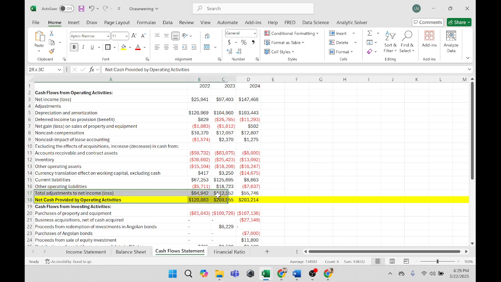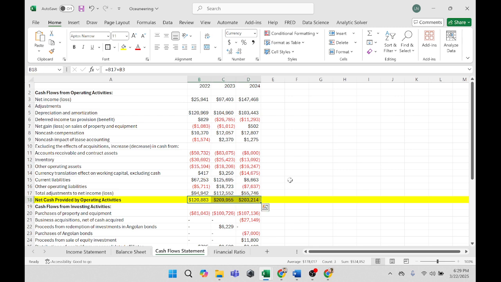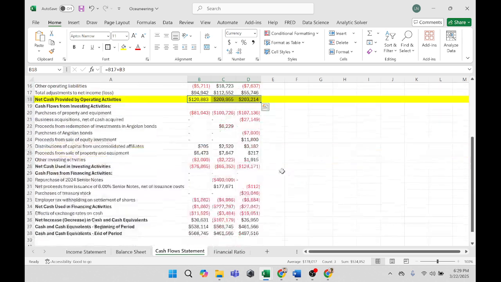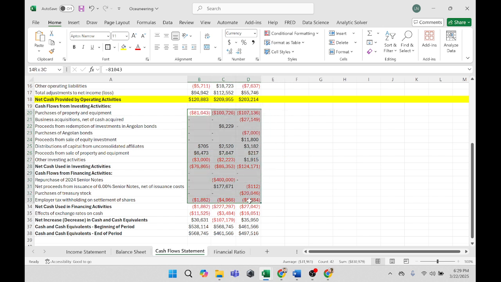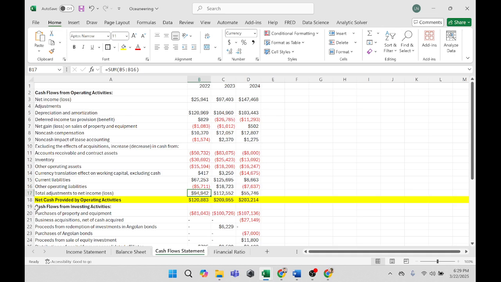It just means this is the money left after you pay everything for your operations, before you pay for other things, such as buying equipment or purchasing stocks or whatever you do, right? This number is based on just operating the company. How much do I have in cash, right?